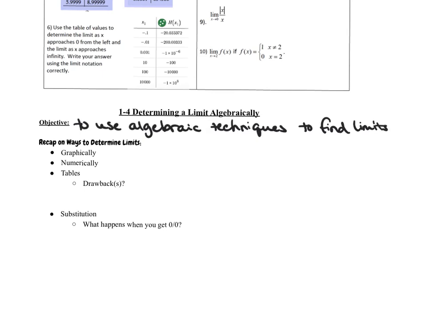So far, we've determined limits graphically, numerically, using the limit properties, and then using tables. The drawbacks behind the tables are that it's tedious, and you can't always clearly see what's going on.